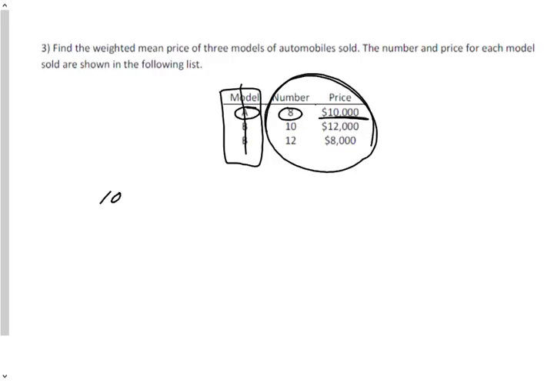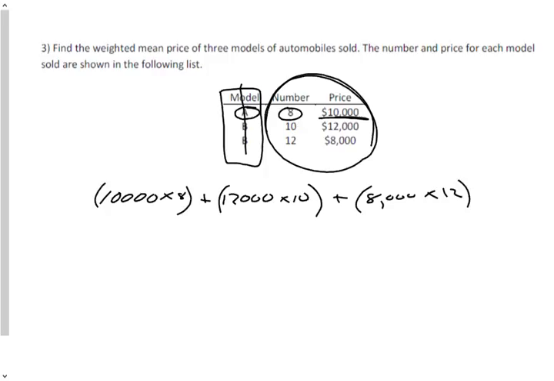So I'm going to take my 10,000 times 8, my 12,000 times 10, and my 8,000 times 12. And this will be the sum of all the values.